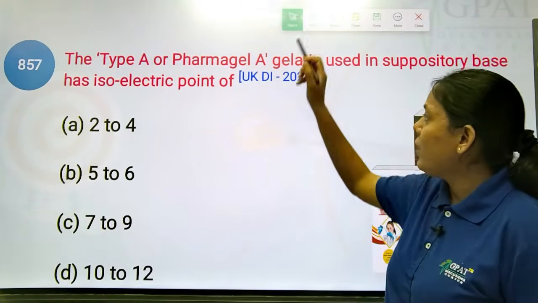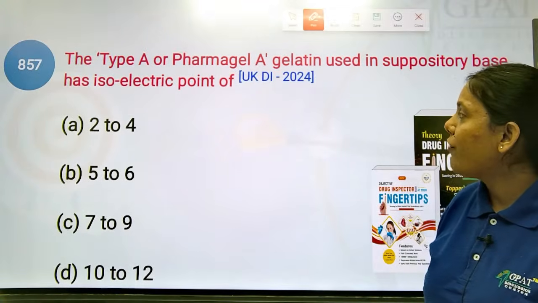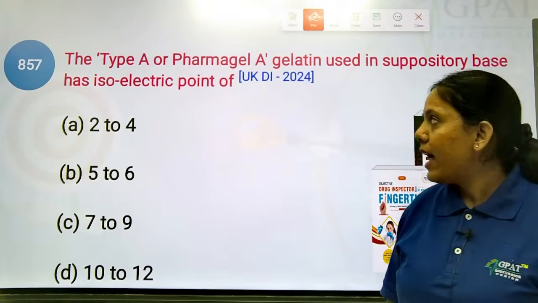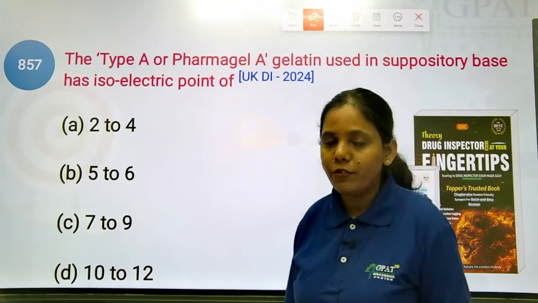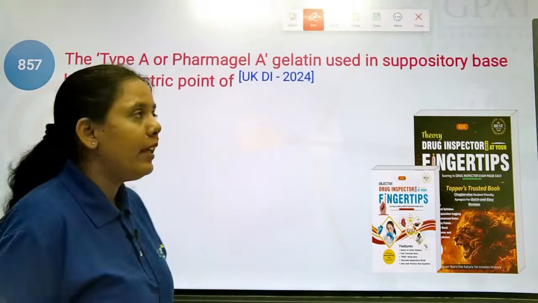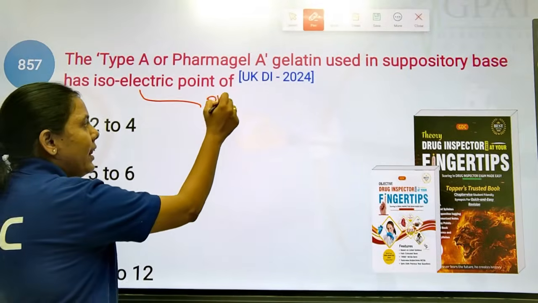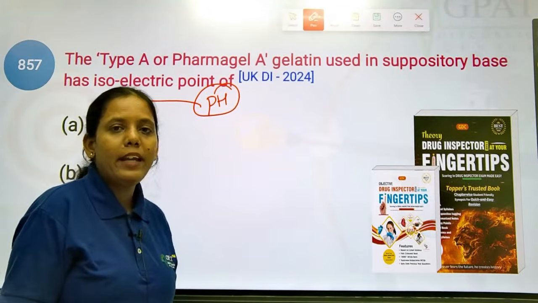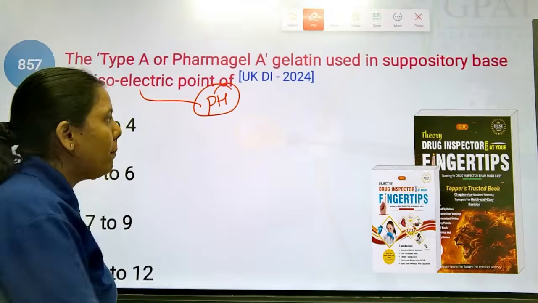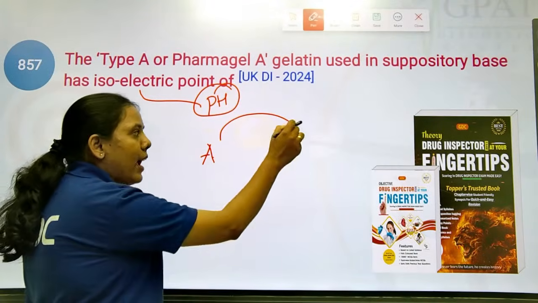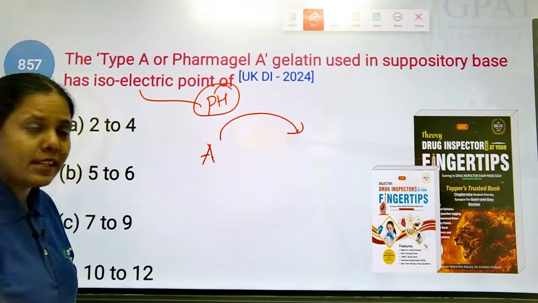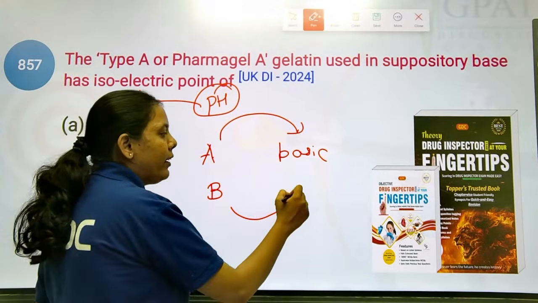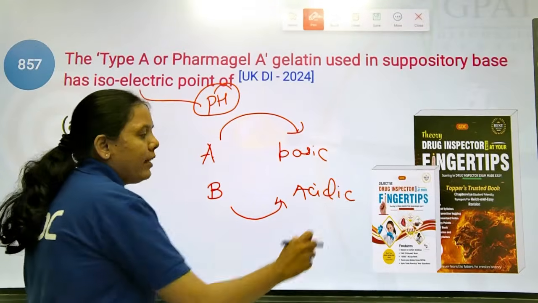So the next question is: type A gelatin used in the suppository base has an isoelectric point of. The isoelectric point is the pH where it will have the same charge. Iso means same and electric means charge. Remember that type A gelatin's isoelectric point lies in the basic region, and for type B gelatin, its isoelectric point lies in the acidic region.